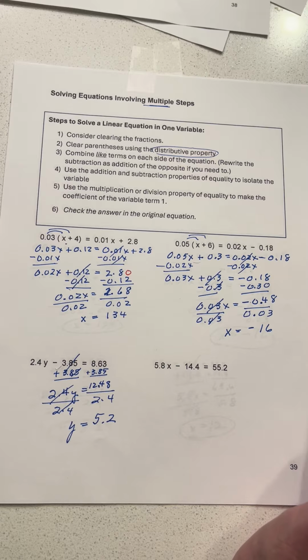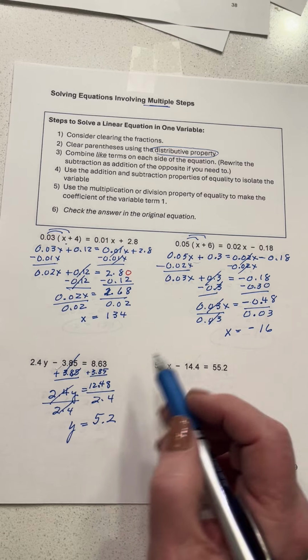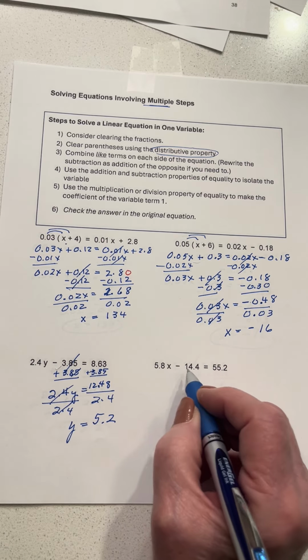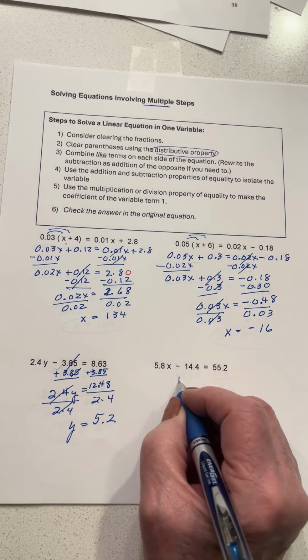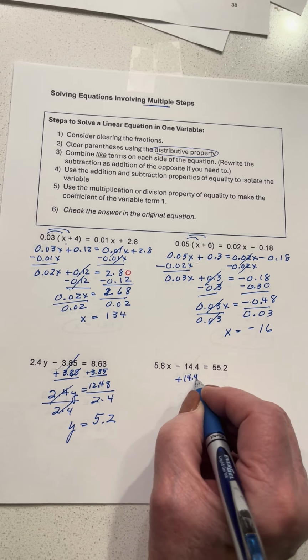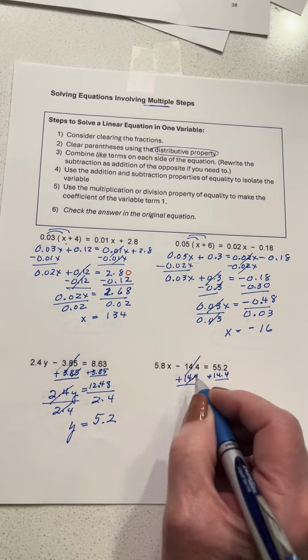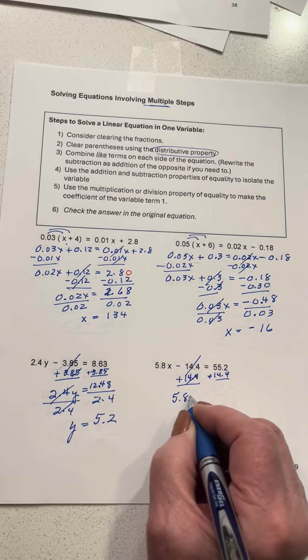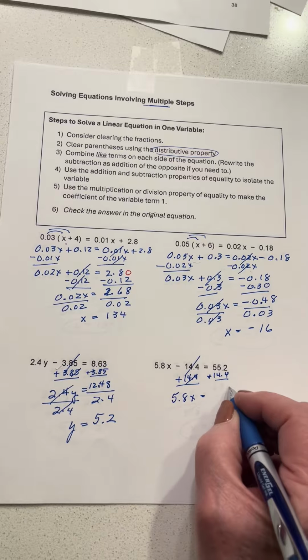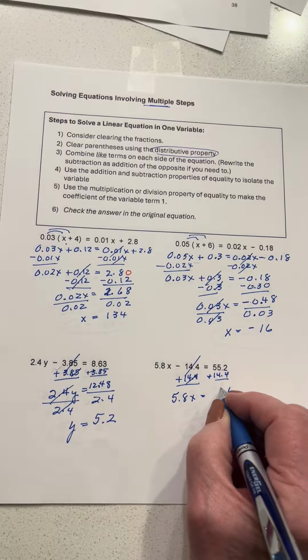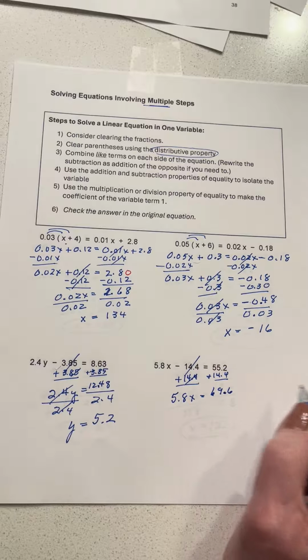We're down to the last one. Same thing we did here. We're going to get rid of this, so we're going to add 14 and 4/10 to both sides. So these are gone. And on the left, we have 69 and 6/10.